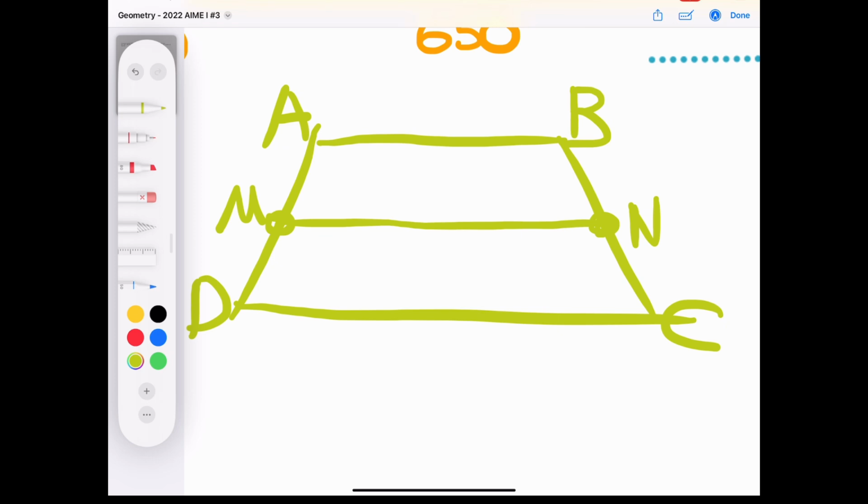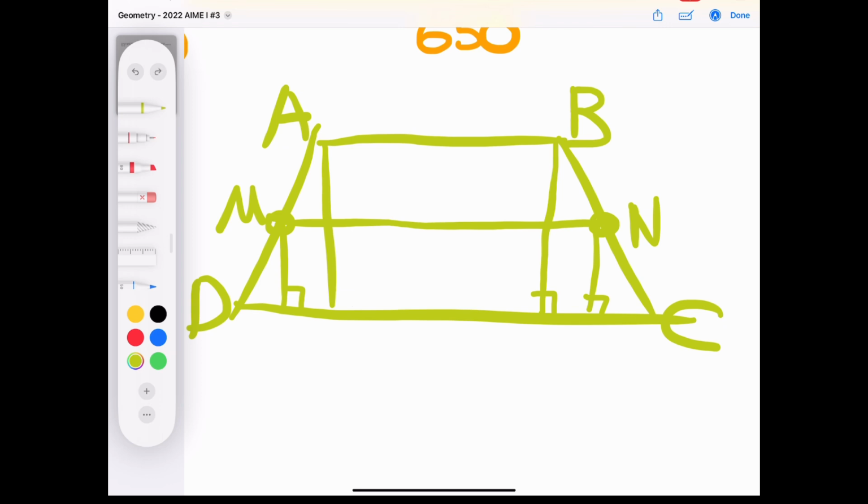This can actually be simply seen because if you drop a height from N to DC, it'll be half of the height from B to DC, and if you drop a height from M to DC, it'll be half the height from A to DC, right?